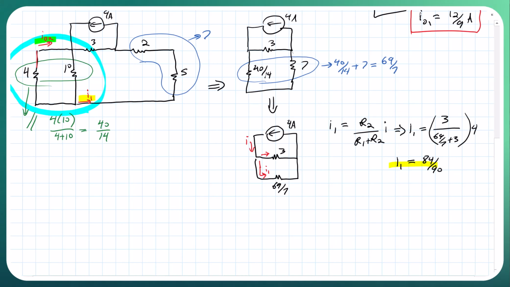You take this current division, I can say I naught 2 is equal to, we got the current going the opposite direction, so minus 10 over 4 plus 10, all that times I1. Okay, so we have just 2 branches here, and you have a current going in.